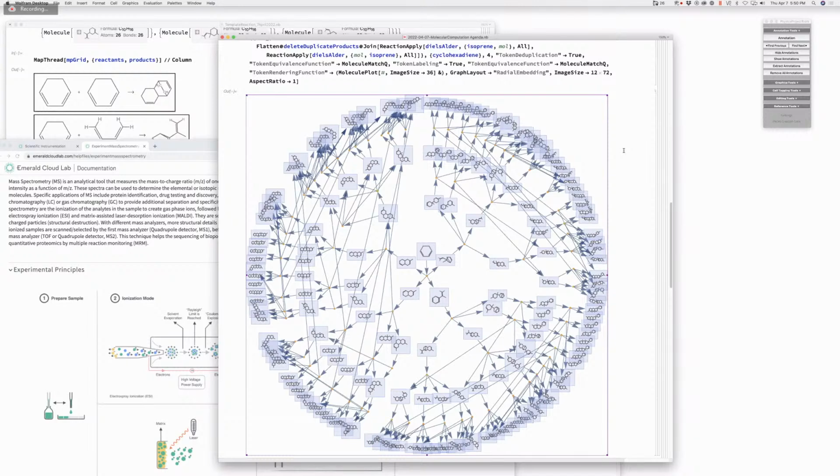Okay, so let's take a look back at this. What I'm trying to understand is that, in a sense, this is defining what we might call a metachemical space. In other words, where are these molecules relative to each other? This is defining that by their ancestry in this picture.